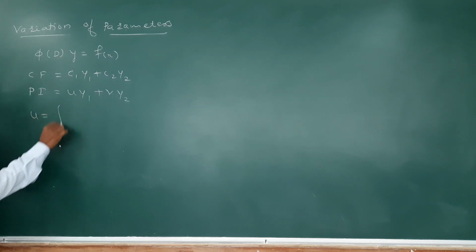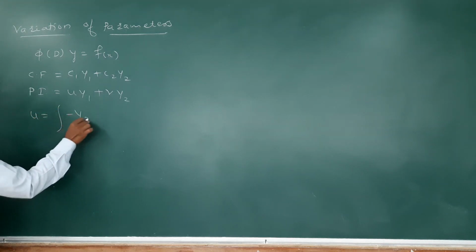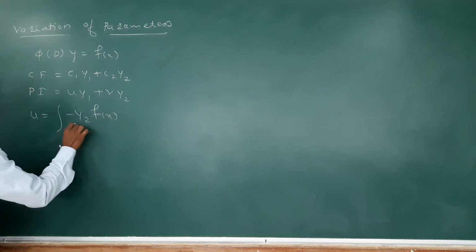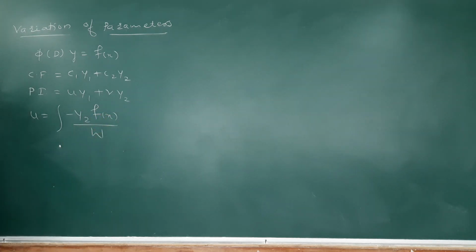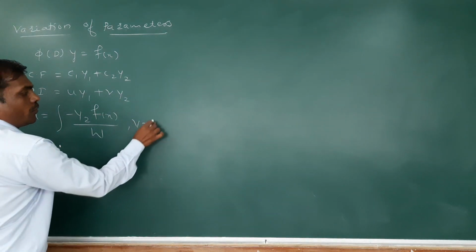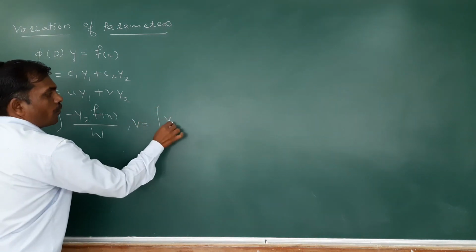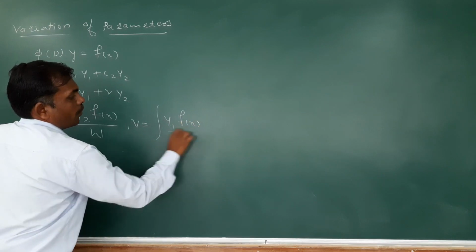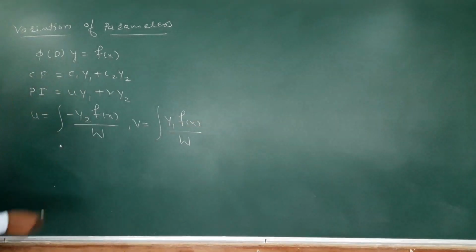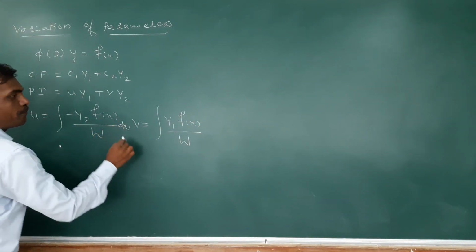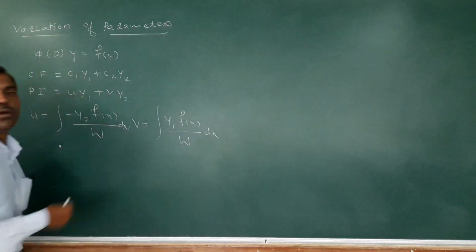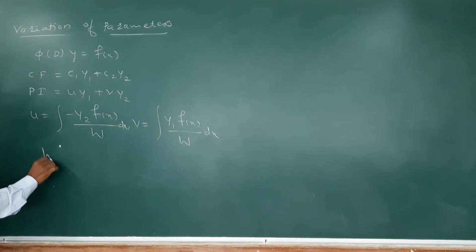So u is equal to the integration of minus y2 f of x upon w, and v is equal to the integration of y1 f of x upon w, dx, okay? No problem. And w is called the Wronskian. You may call it the determinant or Wronskian.